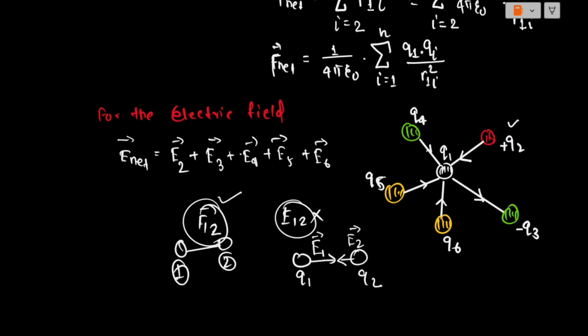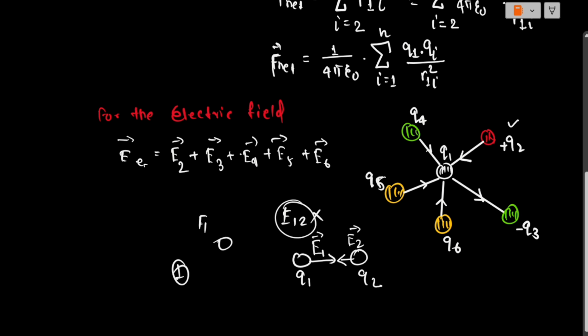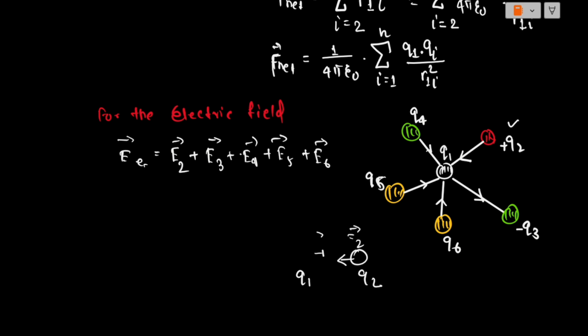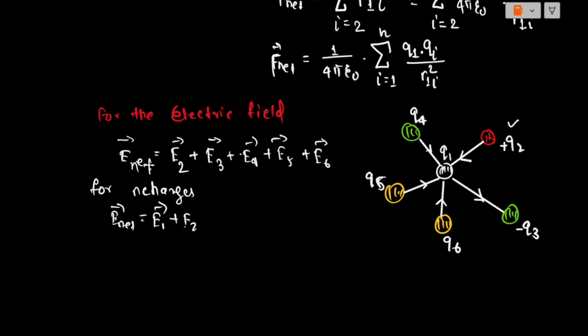So that's why we have written here that the net electric field on the q1 charge is basically the vector sum of all individual electric fields applying on the q1 charge. This is applicable for n charges as well. So for n charges we can write the net electric field on the first charge as equal to E2 vector plus E3 vector plus dot dot dot En vector, right?